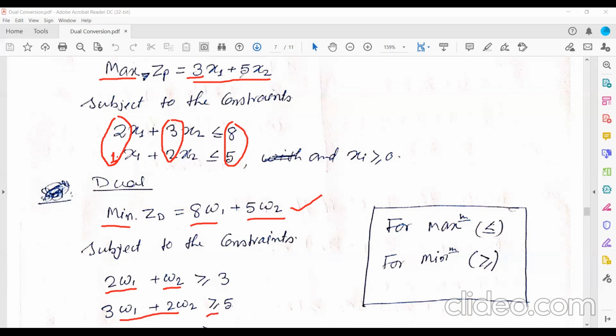The second coefficient from the objective function, that is your 5. So this is the constraint of the dual linear programming problem, where W1 and W2 should be greater than or equal to 0. So this is the dual of this linear programming problem. Is that clear?